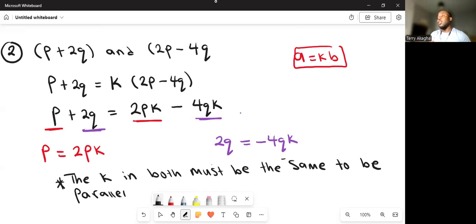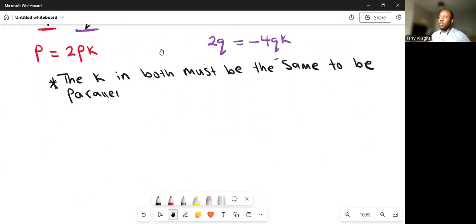So just a quick reminder, remember in algebra, we talked about something similar to this. So we just keep going now. We're going to solve the one on the right. So we're going to have P is equal to 2PK. Okay. So to find K, we divide both sides by what? 2P. So this will cancel that.